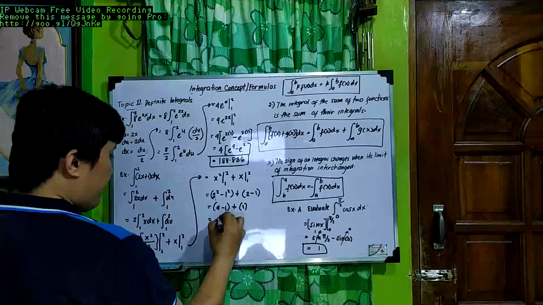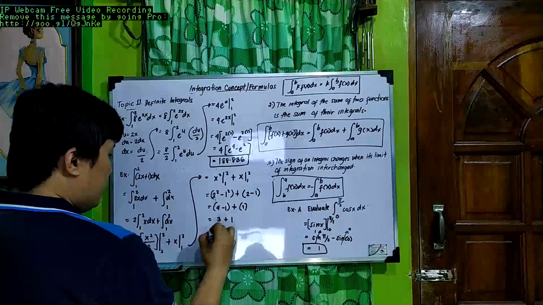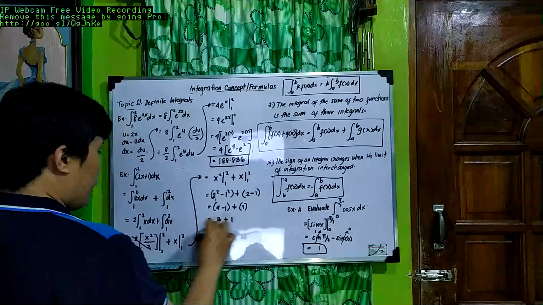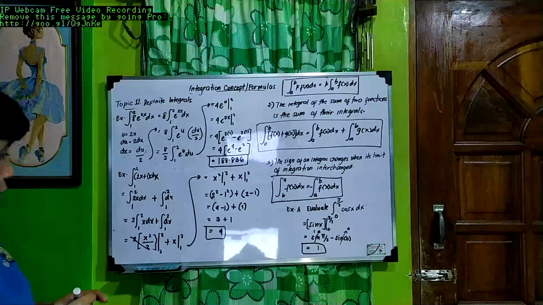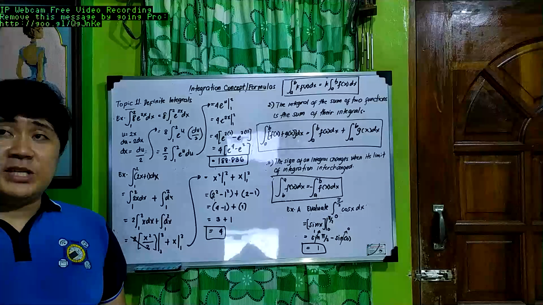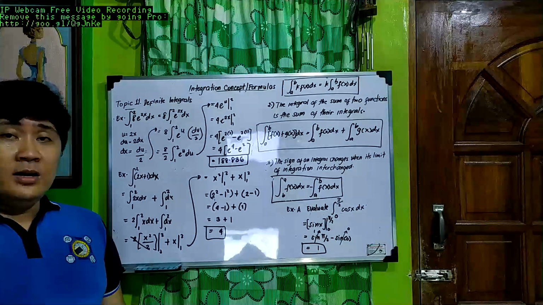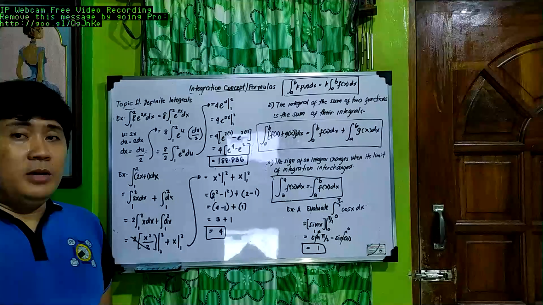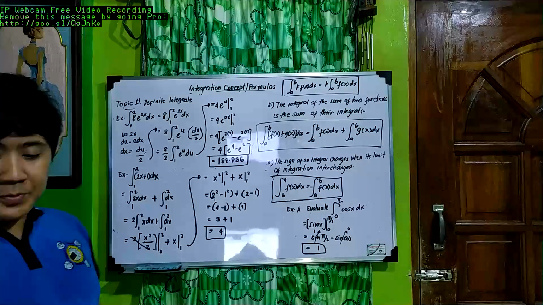So therefore, you have 3 plus 1, and the value we are looking for is 4. What is important here is that we get the exact value. This is very important, especially when you are solving application problems. Okay?